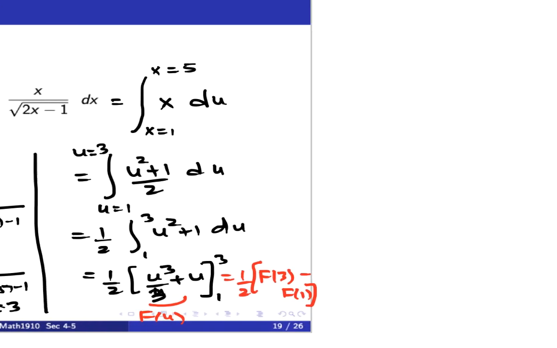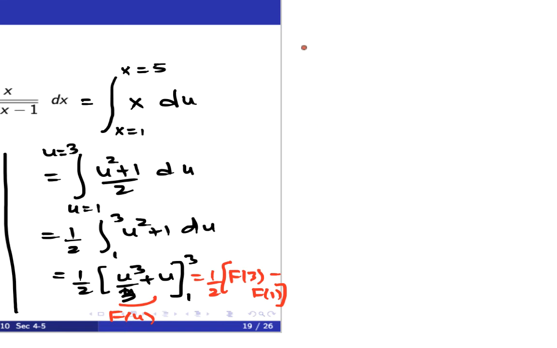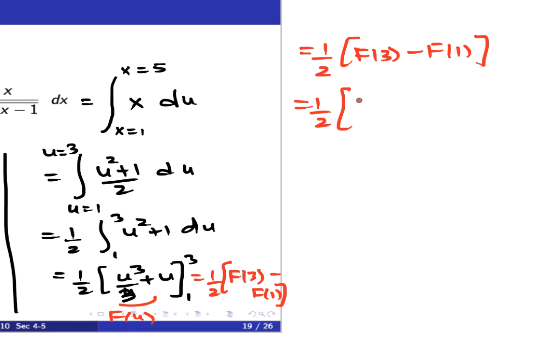Now it's just plugging in and solving this part. So it's equal to half, as I said, F of 3 minus F of 1. Now what is F of 3? It's 3 cubed over 3 plus 3. And this is one expression because there are two terms in this F of u, minus 1 cubed over 3 plus 1.